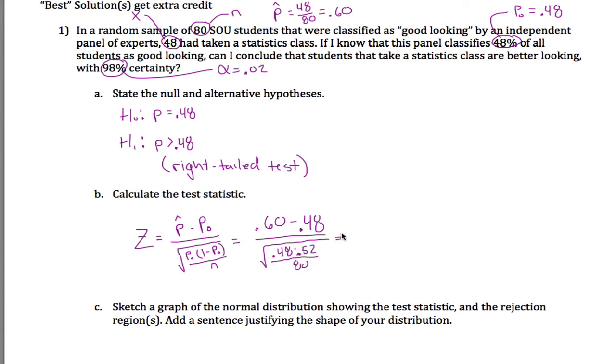Probably a calculator is the easiest way, which I am doing right now. The square root of 0.48 times 0.52, which is 1 minus 0.48, divided by 80, and then 0.12 divided by that. That gives me a z-score of 2.148. So that's my test statistic.